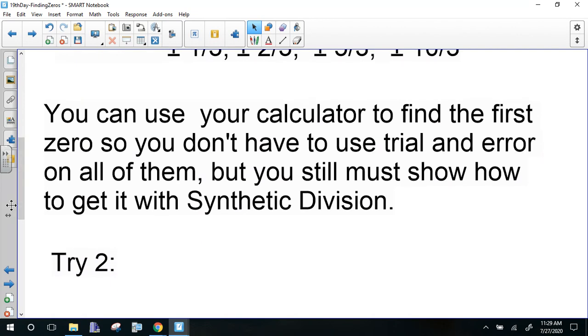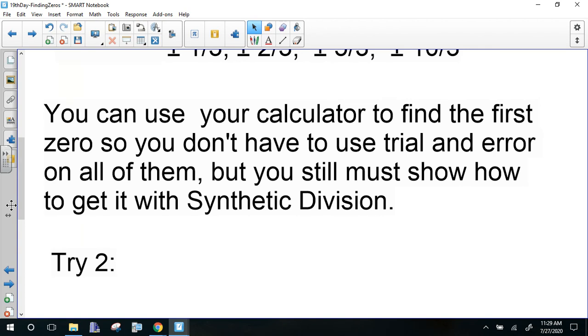So we're going to use the calculator, graph that function, and look to find where that graph crosses the x-axis. And hopefully it's at a number you can determine. It's either at a whole number or a half or something like that. Okay? We're going to do that to get our first zero so we can start that synthetic division.